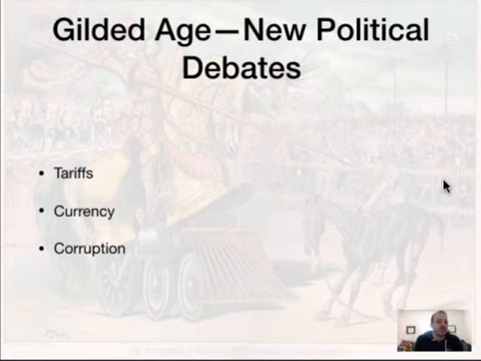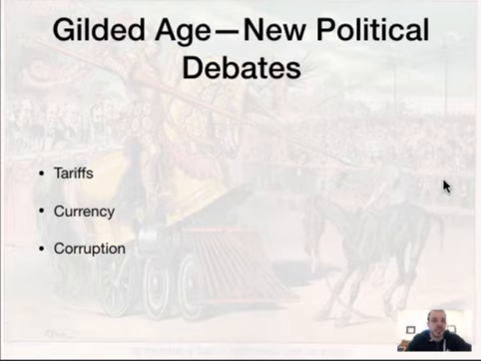There's also questions about political corruption. Since the time of Andrew Jackson, it had been common practice to use what was known as the spoils system, where the party that wins elections gets to reap the benefit of that by rewarding supporters and campaign contributors with jobs in the government.